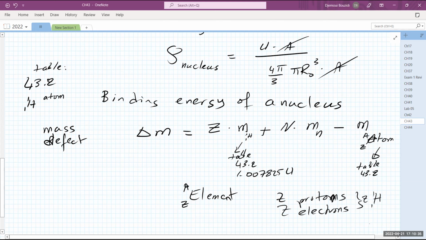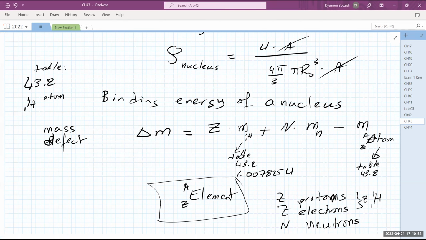That's what you did. And then add to them N neutrons, collect them together, and now you have made that atom, that element. But if you look at the actual mass of this one, if you, for example, do experiments in chemistry and find its atomic mass, find its molar mass and divide by Avogadro's number and do all of your stuff, you will find that that mass is slightly less than these numbers, and that is what the mass defect is.